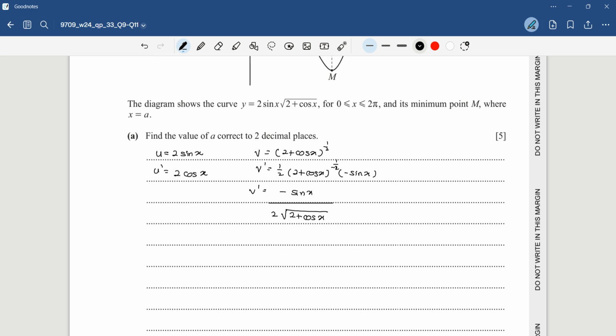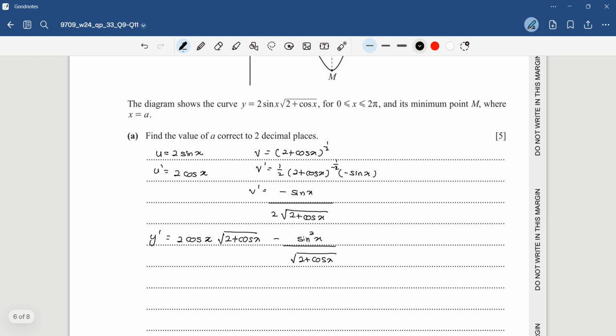Okay. Therefore, my y prime will be v u prime, so 2 cos x times the square root of 2 plus cos x, plus minus, so minus sin squared x over the square root of 2 plus cos x.